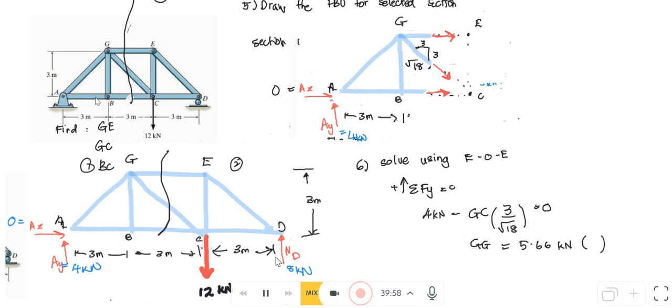Because it's positive, our assumption is correct. So it is in tension because we get a positive. We assume positive is tension, so our assumption is correct. Okay, so we already get the GC.